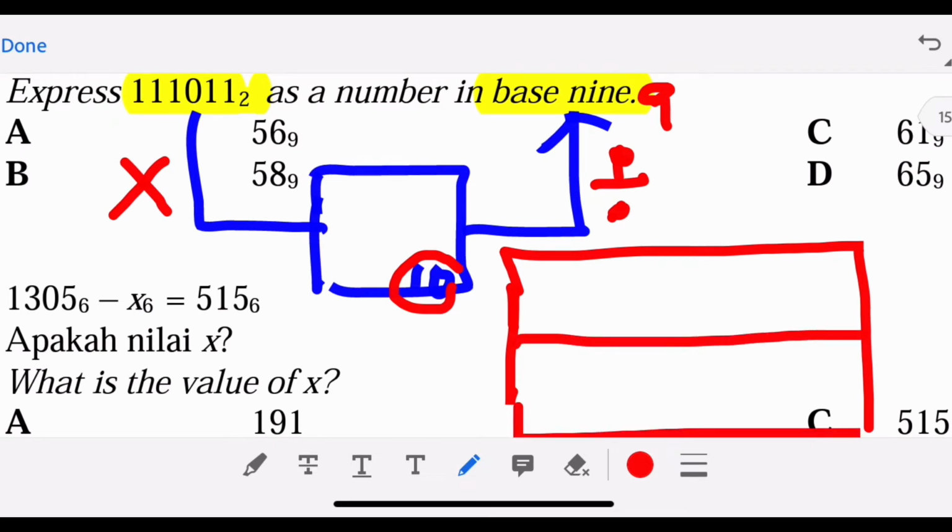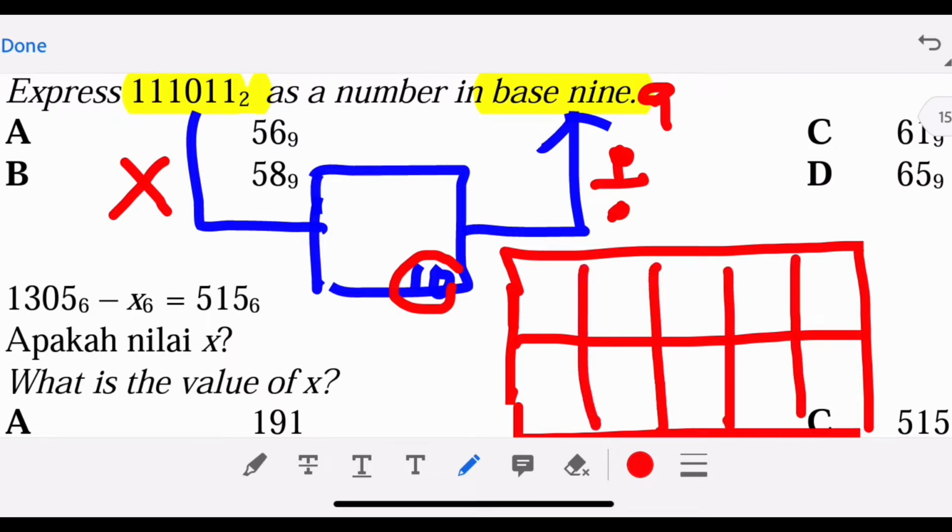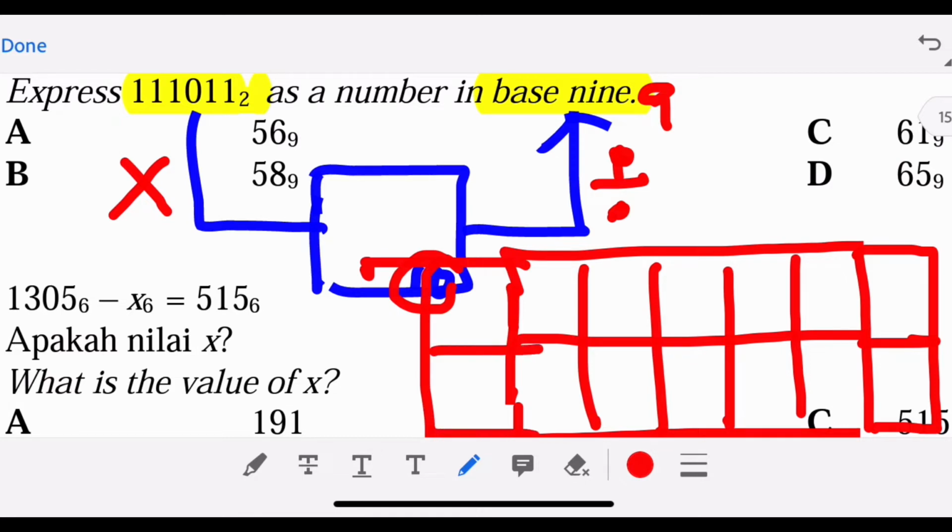You have 1, 2, 3, 4, 5, and one more, 6, and another one, 7 columns. Then we have to label. This is base 2, right?